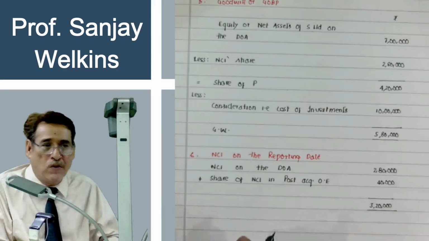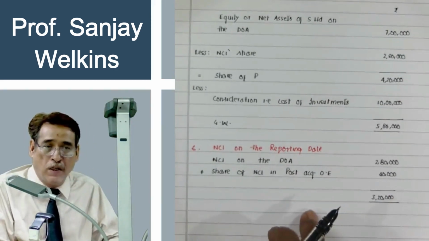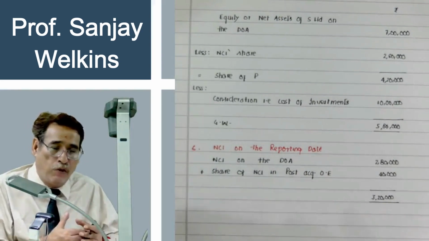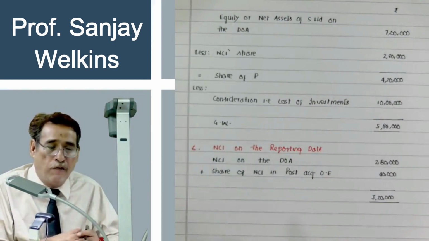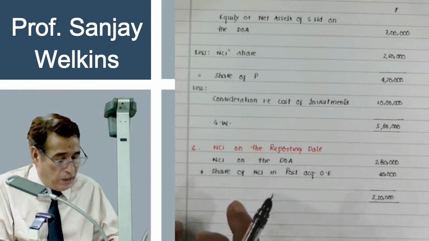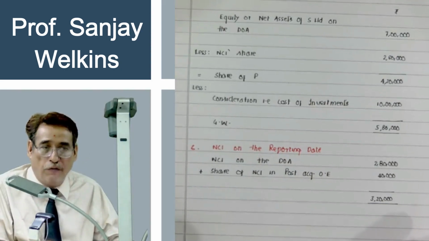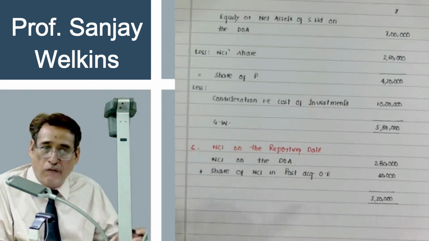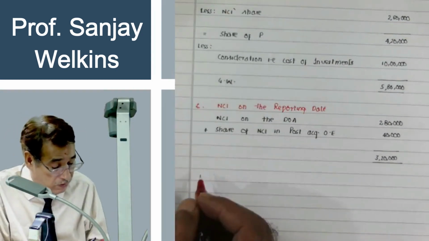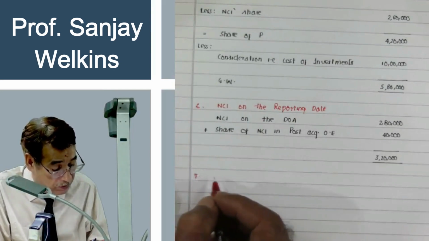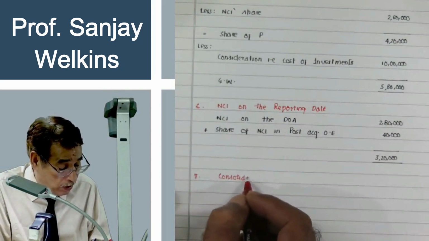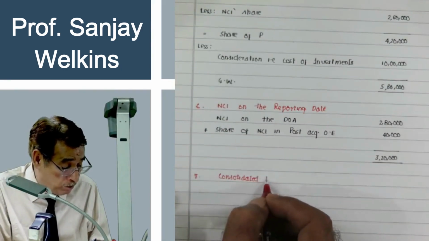You can also straight away compute NCI on the reporting date because closing items are given to you. So you can simply take the total of closing assets, deduct total liabilities from there, get the net assets at the end of the year and multiply it with the NCI share, that is 2/5. You can straight away get 3,20,000. Now, the next step is the consolidated financial statement.